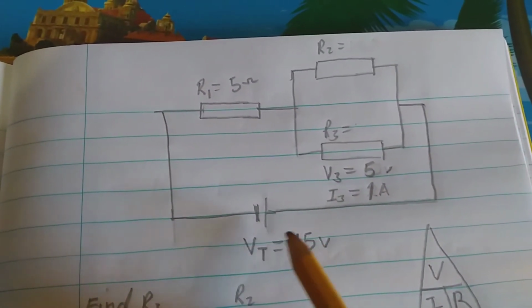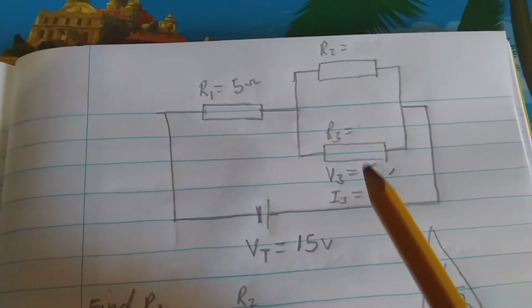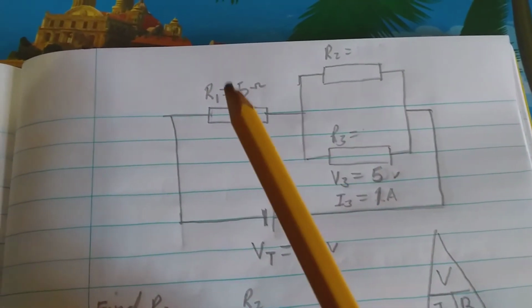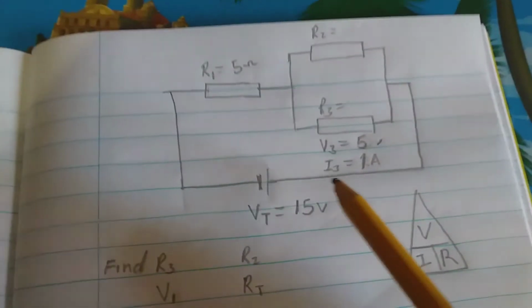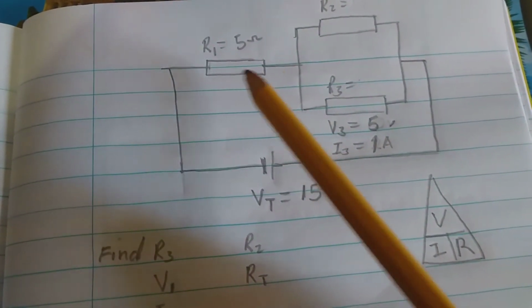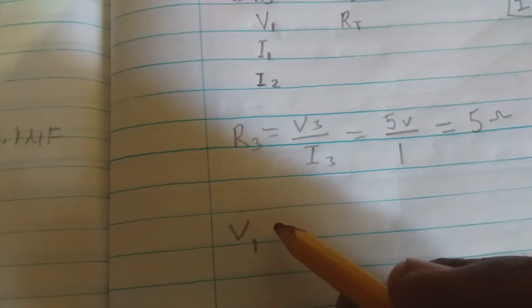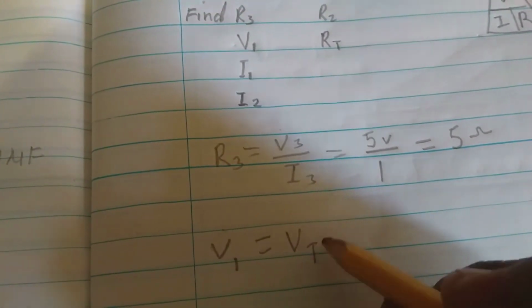We have 15 volts here, and since we have 5 on the parallel side, we need to know how much is on the series side. So we take away 5 from 15 to leave us with the voltage on the series side. V1 is equal to Vt minus V3.